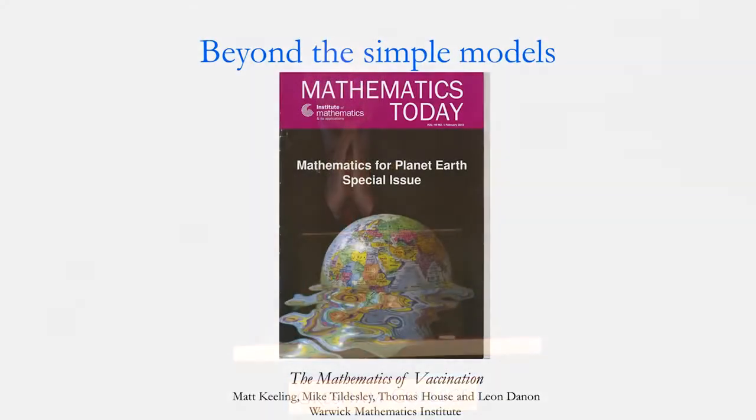There was an interesting article. The Institute of Mathematics and its Applications has a publication called Mathematics Today, and last year they had a special issue on mathematics for planet Earth, and there was a very nice article in it about the mathematics of vaccination by a group at Warwick University.